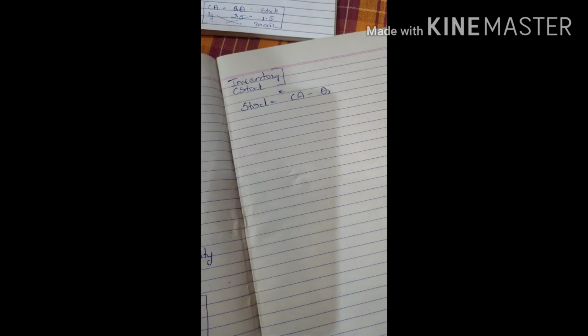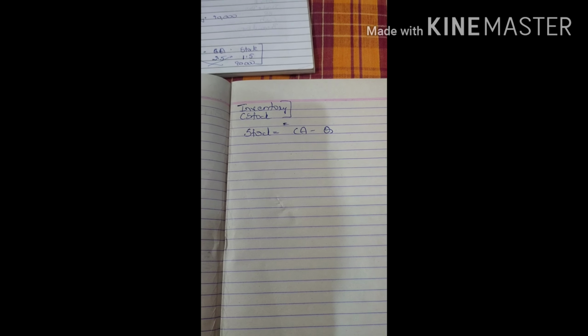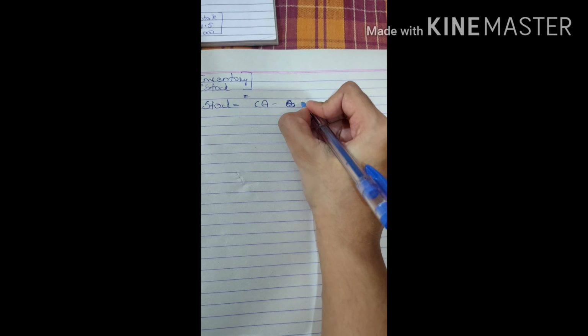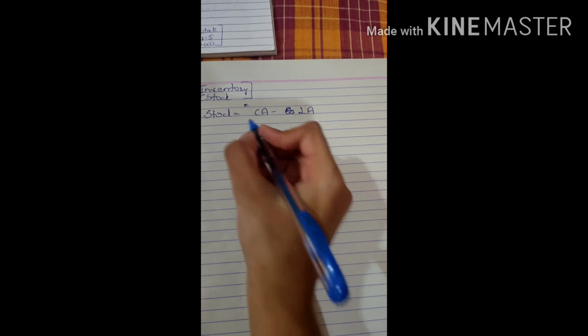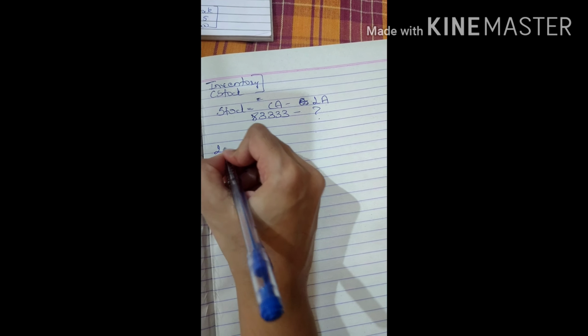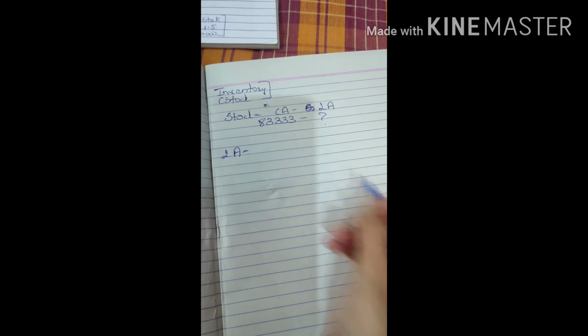Next, to find out inventory or stock. The formula for stock is nothing but current asset minus liquid asset. We know our current asset is 83,333, but we don't know how much our liquid asset is. So we have to first find out our liquid asset.